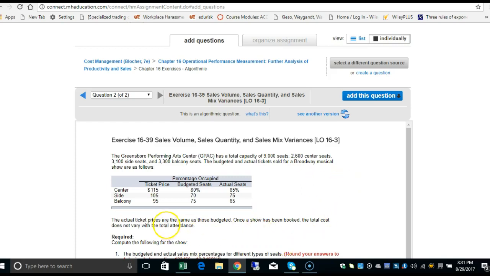They tell us the actual ticket prices are the same as those budgeted, and therefore we really won't have to worry about pricing variances.